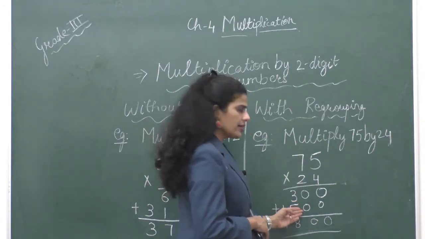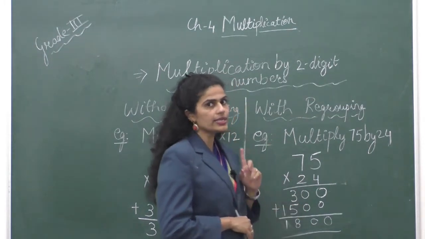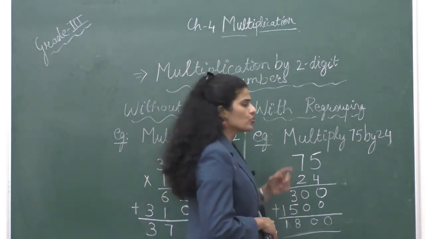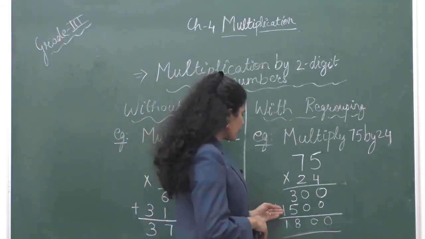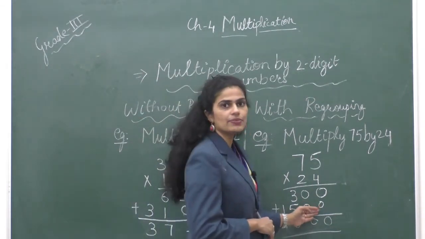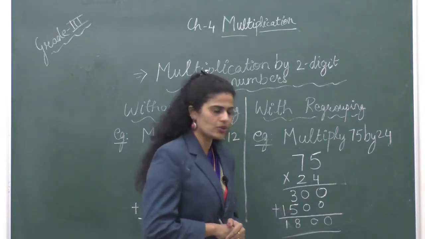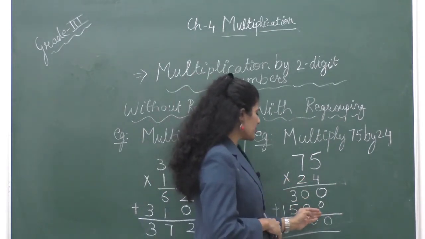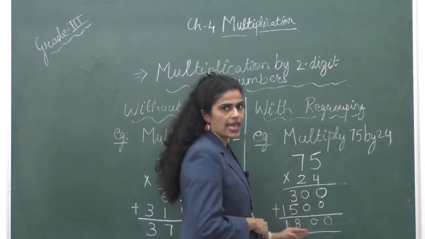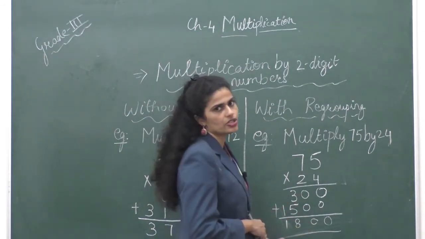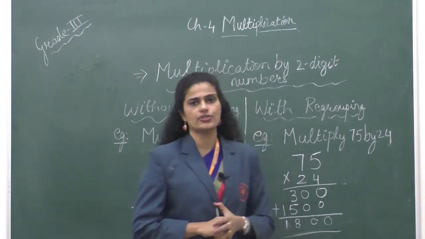We write here 0 and 1 carry. 7 into 2 is 14. 14 plus 1 is 15. We get 15 here. Here it is empty space. We can write 0. So 0 plus 0, 0. 0 plus 0, 0 and 3 plus 5 is 8 and 1 as such. So we get the product as 1800.